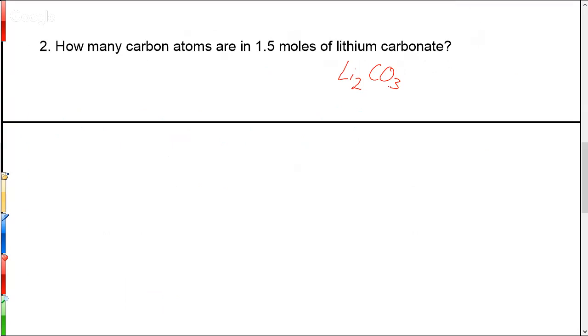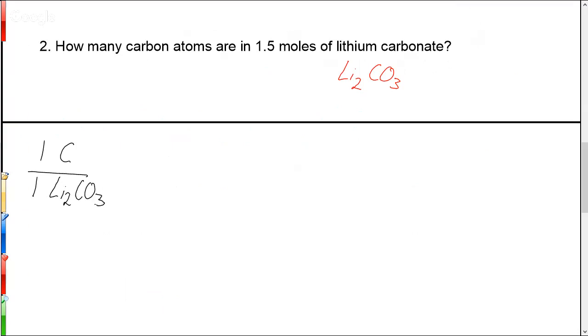If you had a mole of lithium carbonate, how many carbon atoms would you have? Or how many moles of carbon atoms would you have? Everybody sort of froze there, but it's the same thing. So it's still 1. The formula tells us that there is 1 carbon atom per each lithium carbonate.